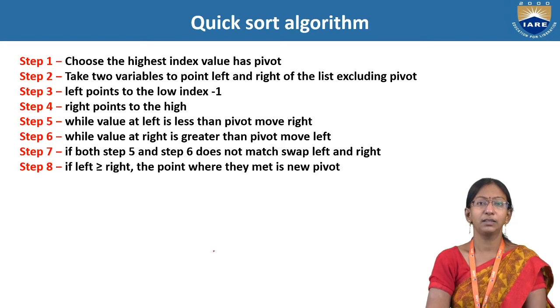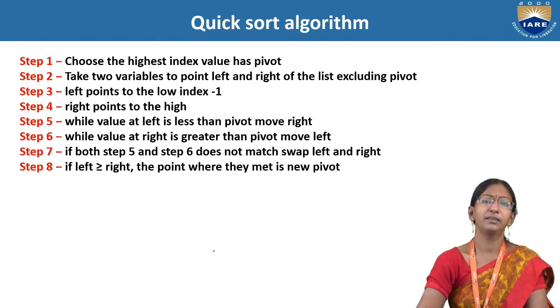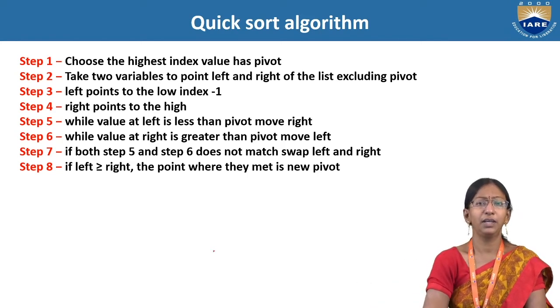Let's have a look at the algorithm. Choose the highest index or the lowest index as pivot. It all depends upon you, how you want to do. Take two variables, left and right, and assign them to the left and right index values. The first iteration I'm talking about. Now start the comparison. While the value of left is less than the pivot, move towards right.